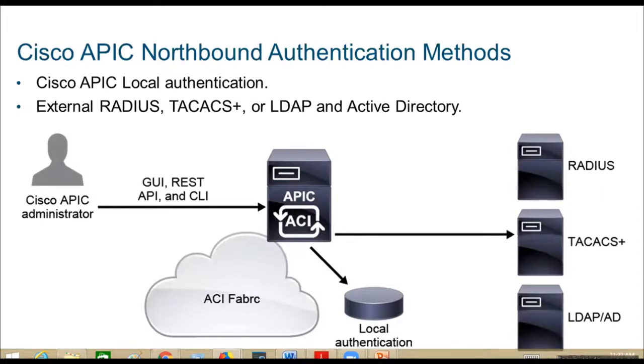Now keep this in mind. If you choose the domain as all, when you add the local user or when you add a remote user, you specify it with AV pair, attribute value pair. If you do that, the domain all makes the person a Fabric-wide administrator. If the domain is a specific domain which is tied to one tenant, that person will become more like a tenant administrator if you give them admin role.